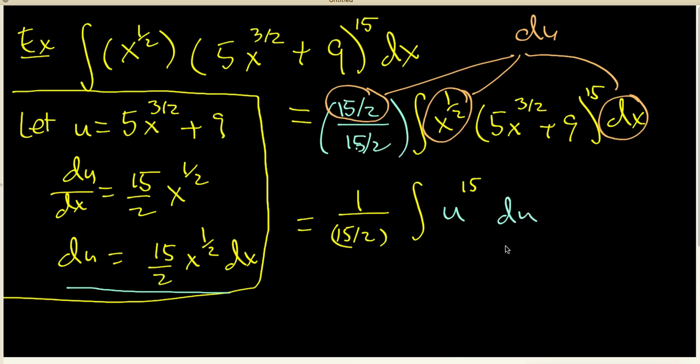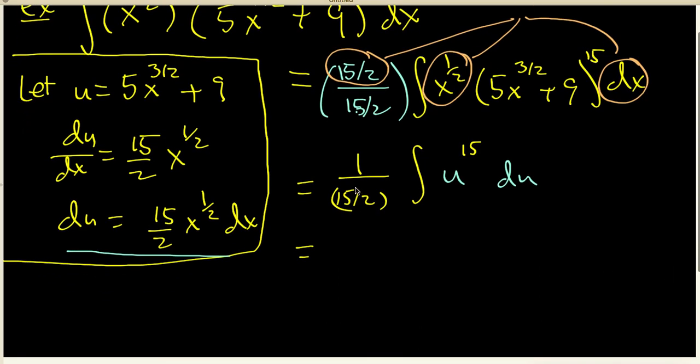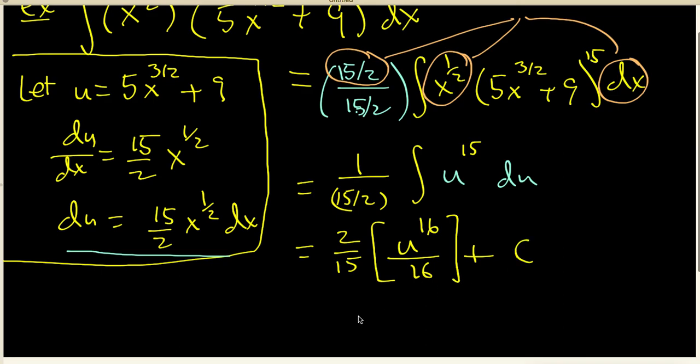And I know how to integrate u to the 15th du. So we're going to have, as the next step, 1 over 15 halves, which is the same as 2 15ths, because that's just an invert and multiply. And the antiderivative of u to the 15th is u to the 16th over 16, plus I can add any constant that I want to add.